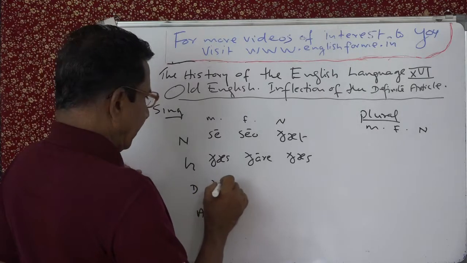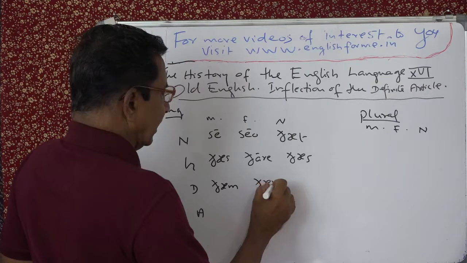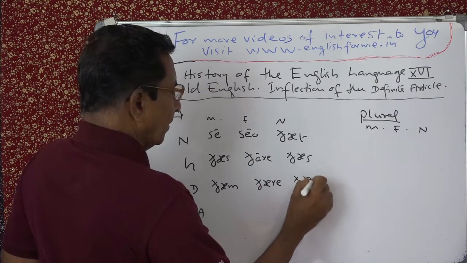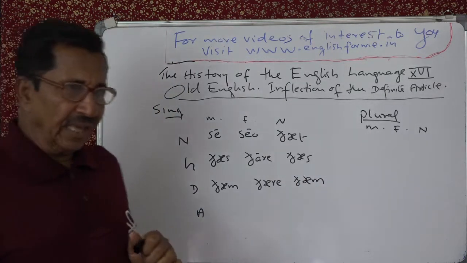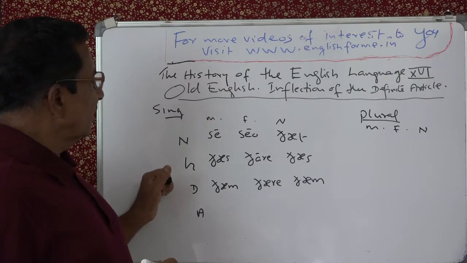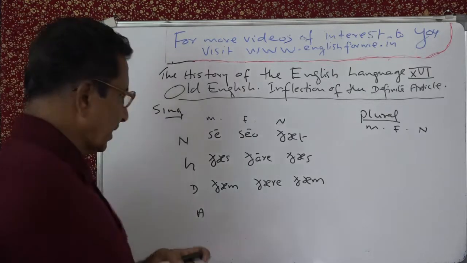Tham, thaere, tham. So dative, genitive: thaes, thaere. Sorry, there is a small mistake here.